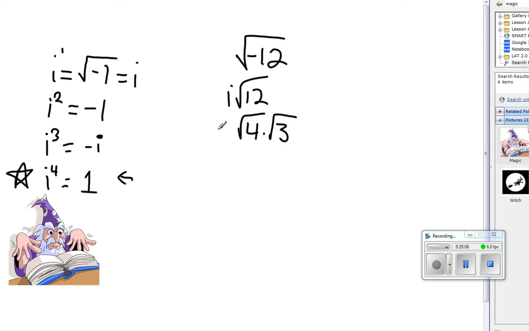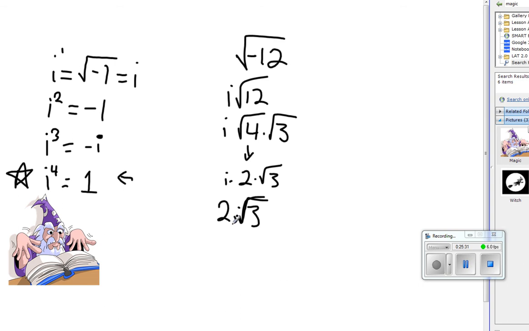Yay, math. Then we can take the square root of 4, which is 2. 2 times square root of 3 times i. We can't take the square root of 3, that's irrational. But we can switch around i and 2, so it's just 2i square root of 3. And that's the answer.